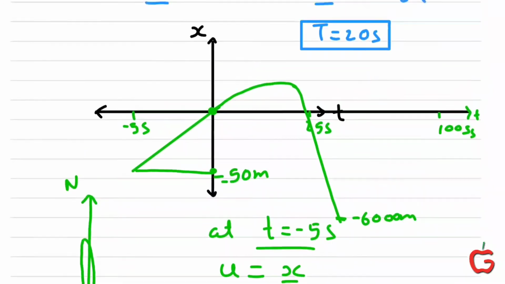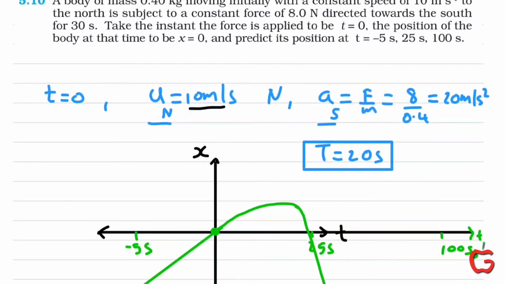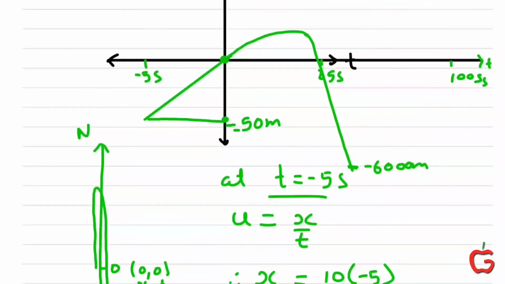Okay. Now the third part is little tricky. The third part says the position at 100 seconds. The force is only acting for 30 seconds. So we have to split this time 100 seconds into 30 and the remaining 70.